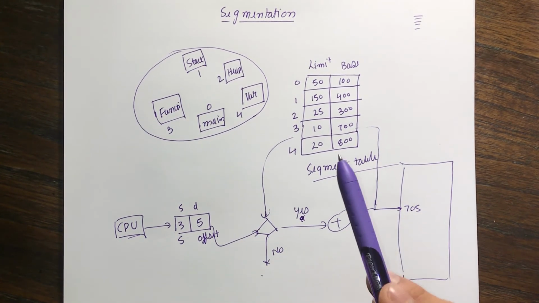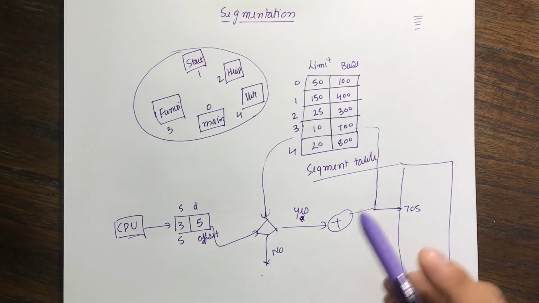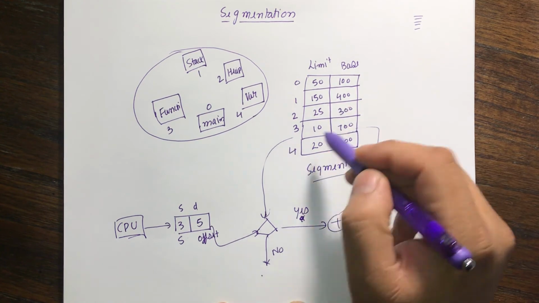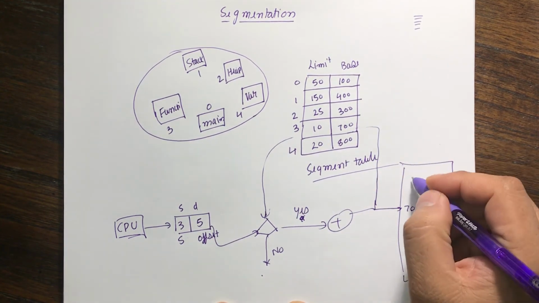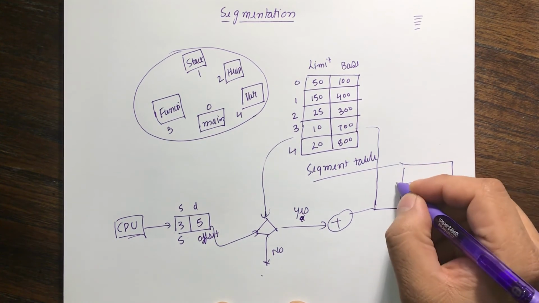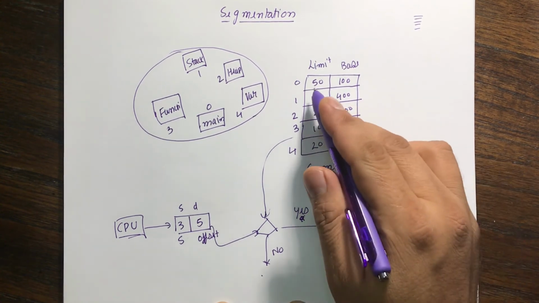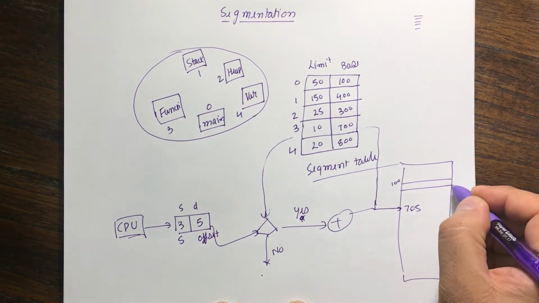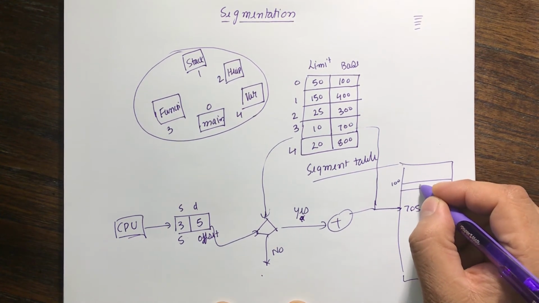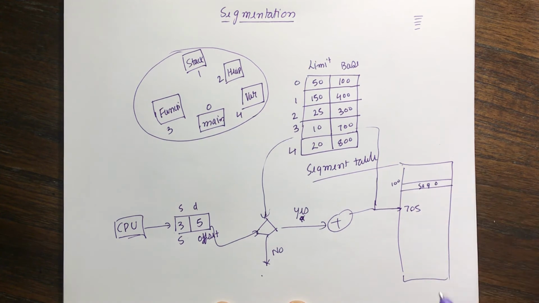So in this case, our code broke down into different sections. Let's say section 0 was from location 100 to 150. So this was segment 0.